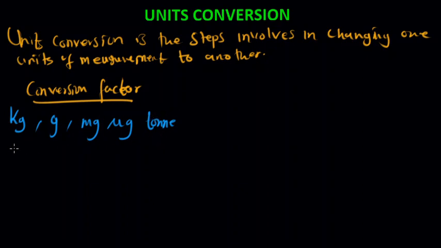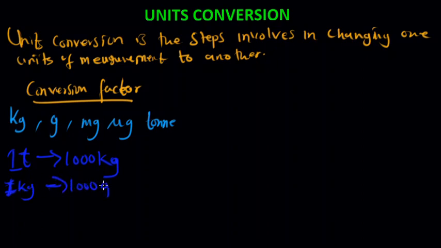So let's start with ton. 1 ton, let's use T for a ton, is equivalent to 1000 kilogram. Then we have 1 kilogram being equivalent to 1000 gram.